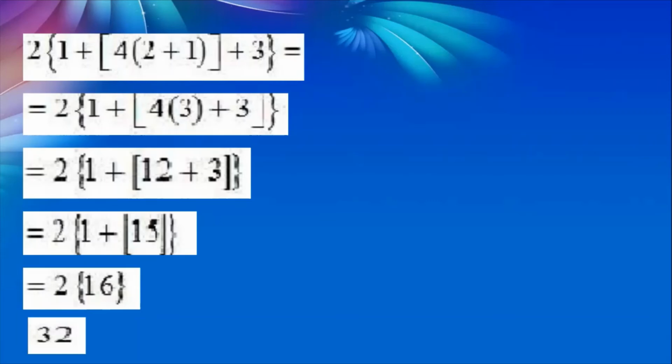Okay, so again, if we have multiple brackets or a lot of numbers grouped by parentheses, by brackets, don't you worry, just do the numbers that are inside our parentheses.